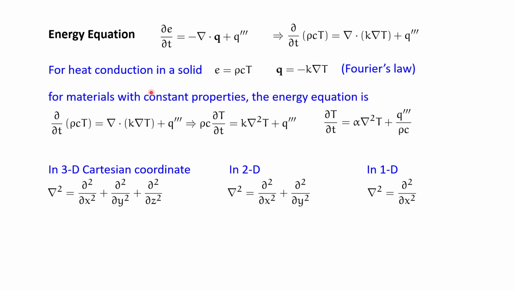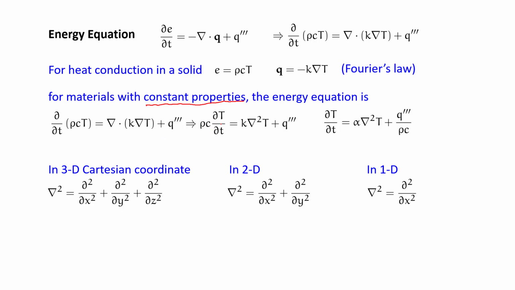Now let us take one more assumption, and let us just assume that we'll deal with a constant property material here. So for constant properties, in the energy equation, this rho C and k will come out of the derivative.